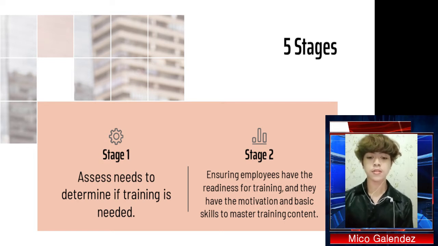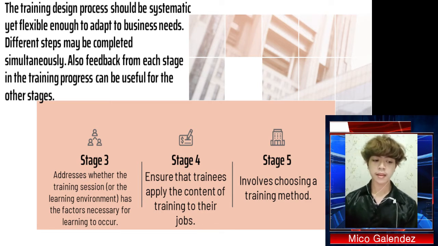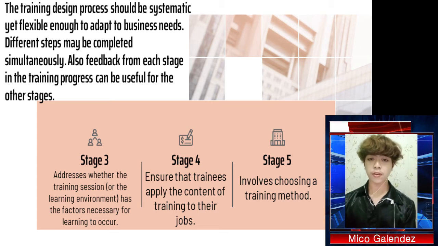Stage 2, ensuring employees have the readiness for training, and that they have the motivation and basic skills to master training content. Stage 3 addresses whether the training session or the learning environment has the factors necessary for learning to occur. Stage 4 ensures that trainees apply the content of their training to their jobs. Stage 5 involves choosing a training method.